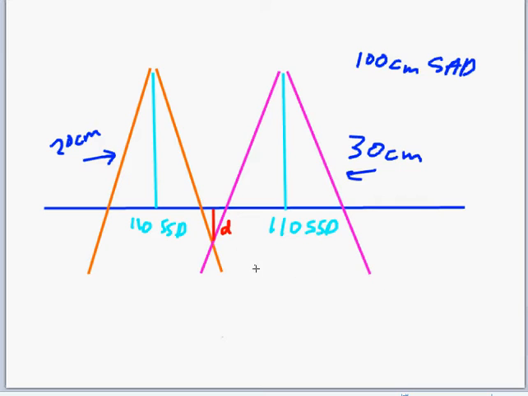Now let's say instead that the 20 centimeters is not defined down at the patient's surface, but is instead defined at the collimator. So in other words, we're setting 20 centimeters on the jaws. That means that if we went down here to 100, it's going to be 10 centimeters here at the isocenter, which is 100.